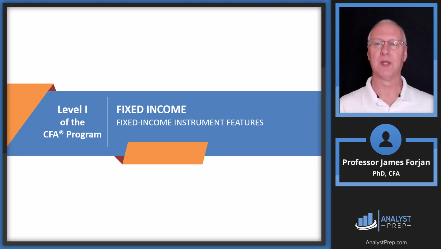The issuer says something like, hey, I promise to pay interest and I promise to pay principal. Now, a lot of times those interest payments, which are going to be called coupon payments, are fixed, but they don't have to be. And then the principal amount in almost all cases is going to be $1,000 of a par value.